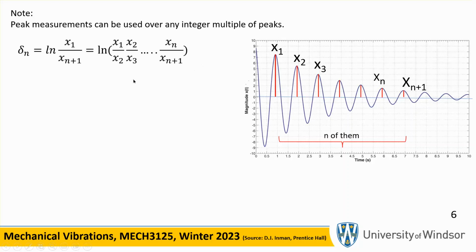So let's say here's the situation. Since I'm using x1 and xn plus 1, everything in the middle is going to pop up somehow. So logarithmic decrement, instead of being between x1 and x2, is between x1 and xn plus 1. That's why I call this thing delta sub n.